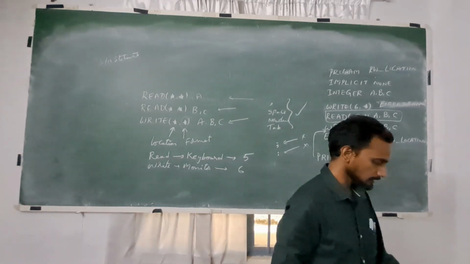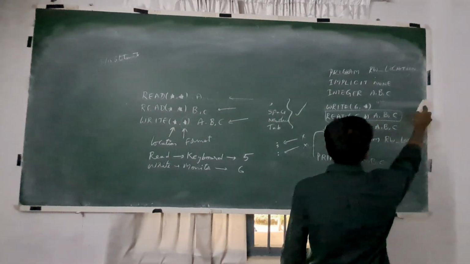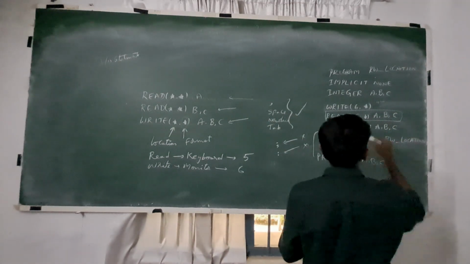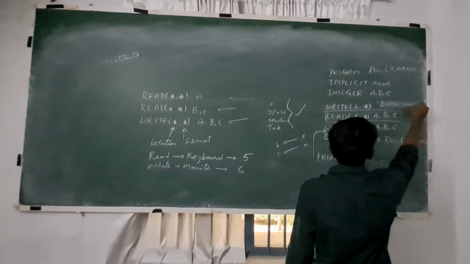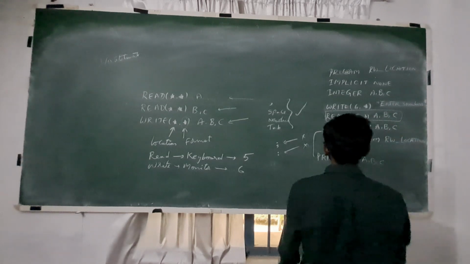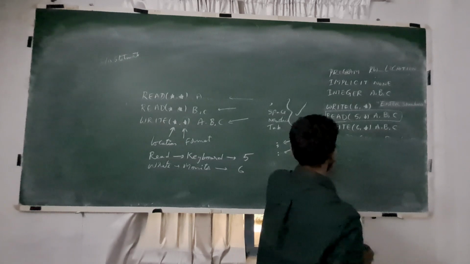Otherwise add that also in addition. So here it is, enter 3 numbers. Add this line also, print star comma ABC.